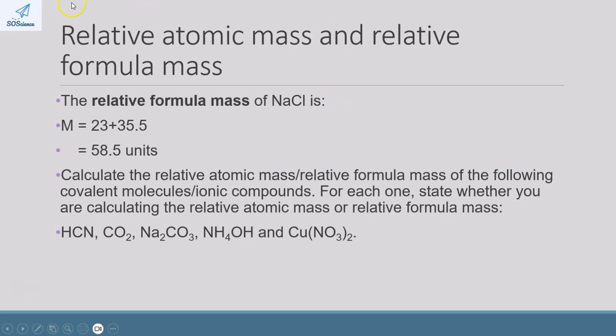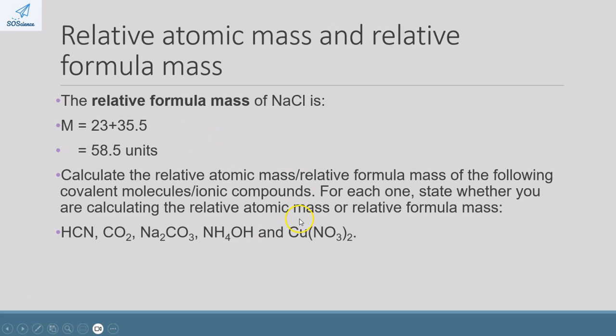So I want you to work out the following. Now, just by looking at these, this is going to be the relative atomic mass because it's covalent. So is this one. It's covalent. And these three over here are ionic. So you'd be working out the relative formula mass, even though the calculation is done in exactly the same way.